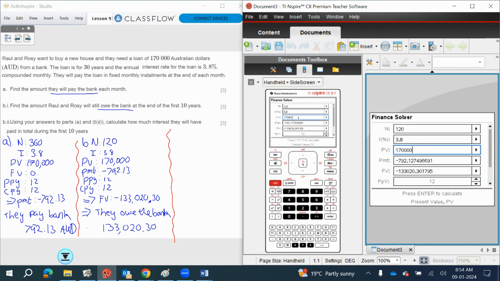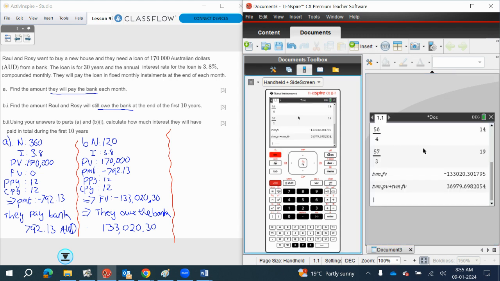The present value, this 170, that's the principal. The 36,000 we've calculated between these two is how much of the principal has been repaid. It's not how much they've paid the bank, they've paid more because of interest. So this value is how much of exclusively the loan they've repaid.